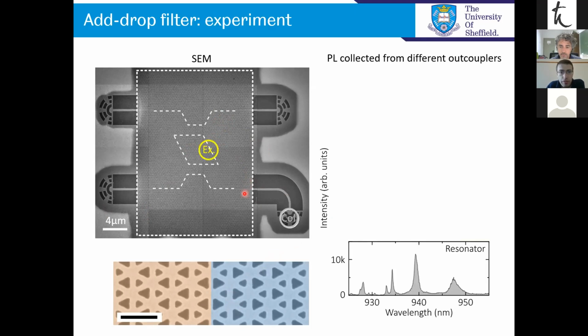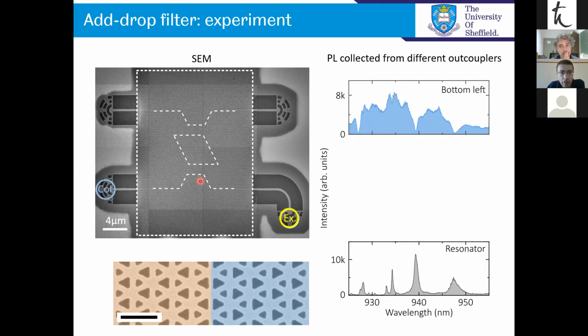And the first thing we do is to excite at high power to obtain the resonator spectrum. So that is shown in the bottom right here. So we see several modes. They're quite broad. This is in part because this is a loaded resonator, so the waveguide coupling is quite strong. And so this is the predominant loss mechanism.